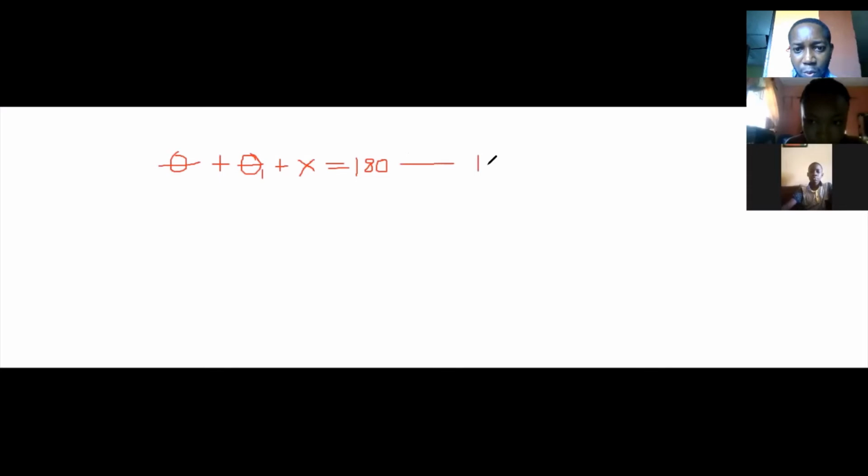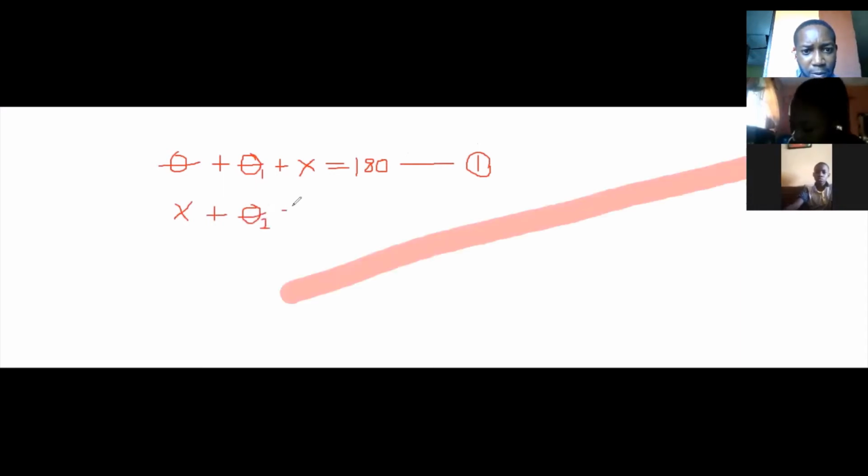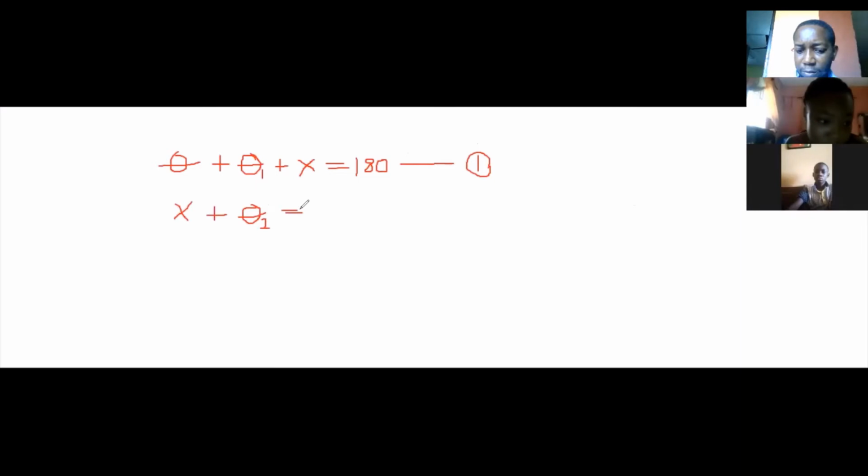So this is equation 1. Then I also have x plus theta 2 equals 180, equation 2.